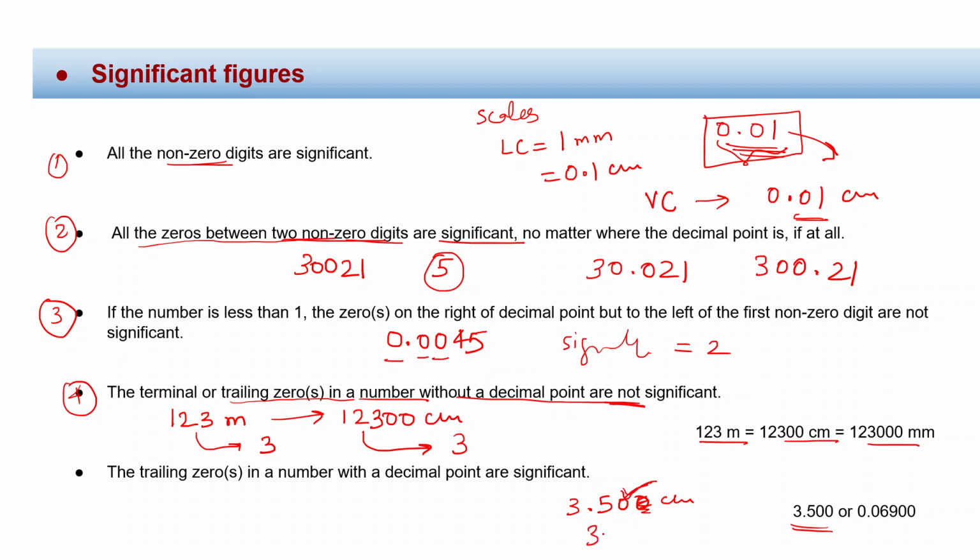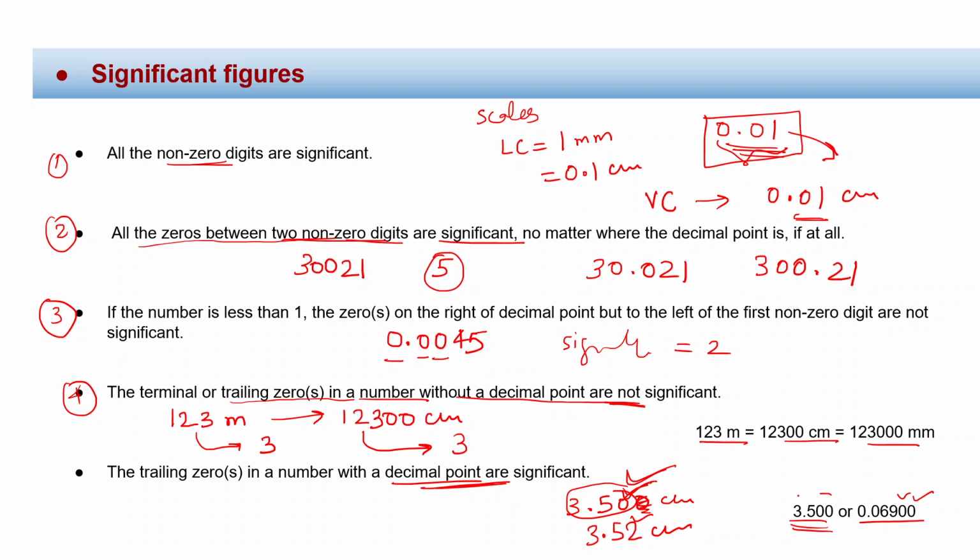If the thickness is more, I might get 3.52 centimeter, and then this is also significant. But if the thickness is a little less, maybe I measure it to be 3.50 centimeter. So this whole number up to the second decimal digit is significant. Because it depends on the resolution of the instrument, if we report a measured quantity this way, then these zeros are significant.